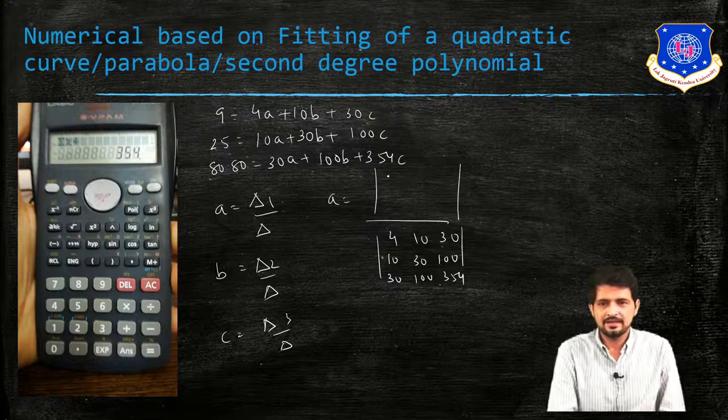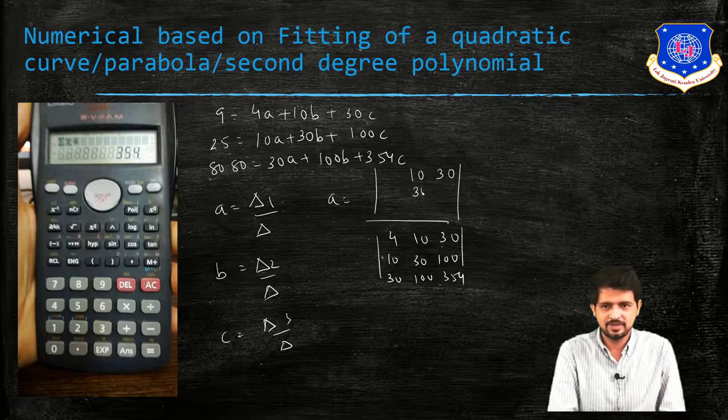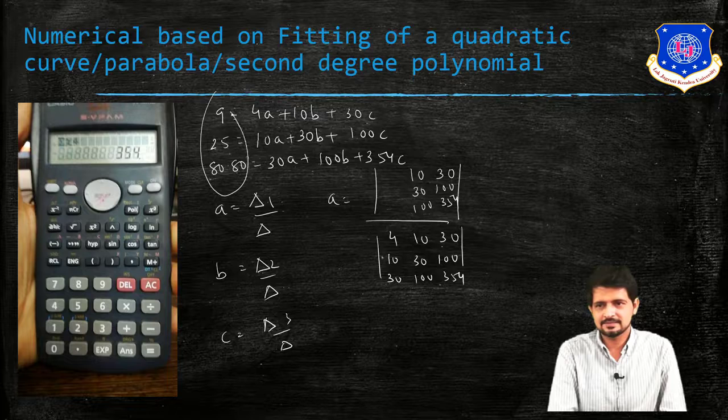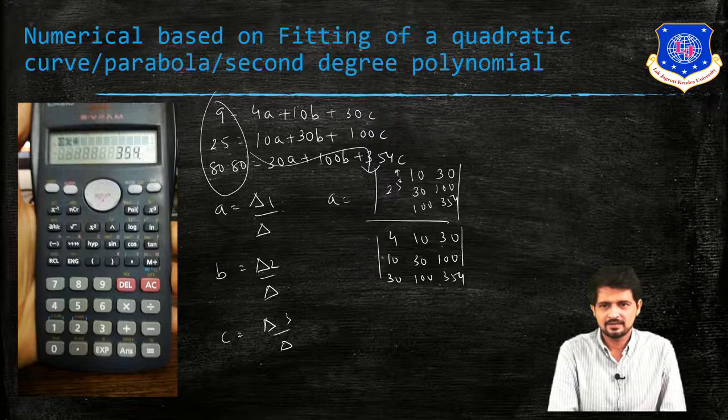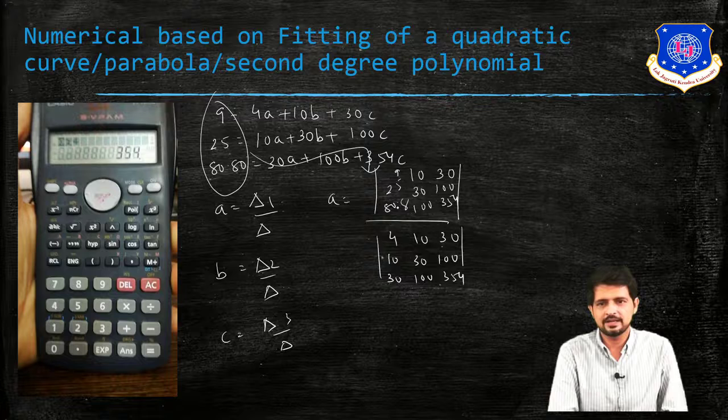How can I write delta 1? See, in delta 1 the second and third columns will be the same as the determinant, and you have to place these values in column 1. So it will be 9, 25 and 80.8.